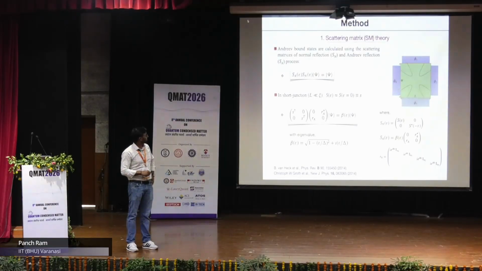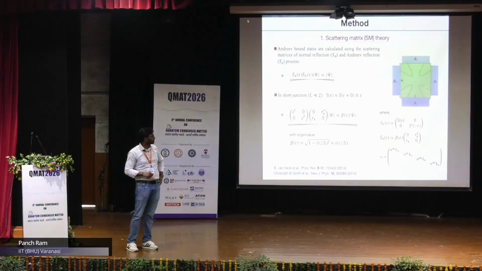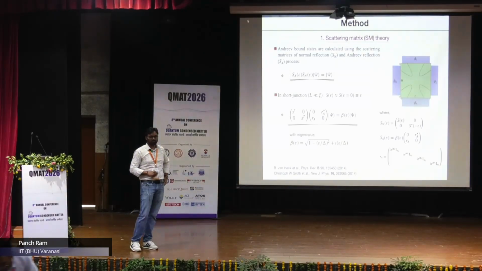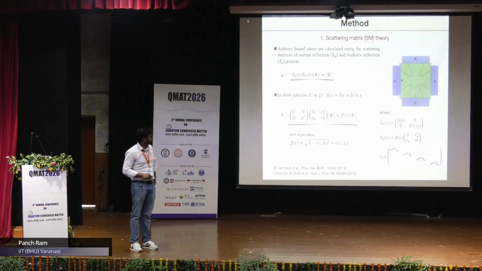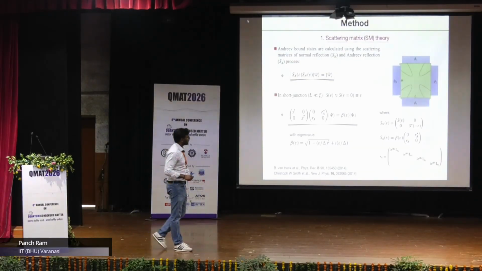This normal one, you can assume if the electron goes from the normal region and hits this superconducting barrier, it can reflect as an electron, or if a hole goes and hits this region, it reflects as a hole. So this is the electron space, and this is the hole space in this scattering matrix. But this one is the Andreev reflection, where if you go to the electron and come out as a hole, and vice versa also.